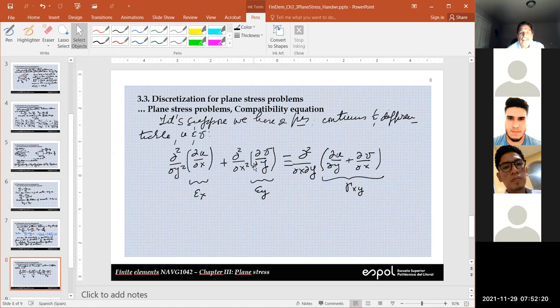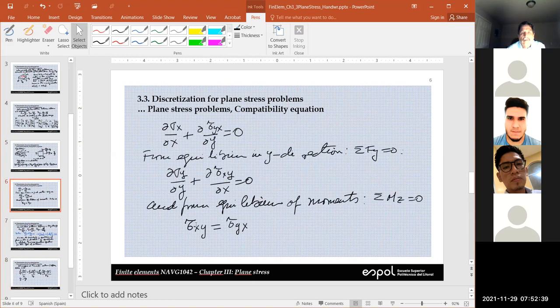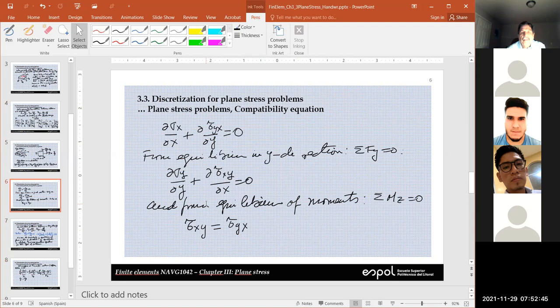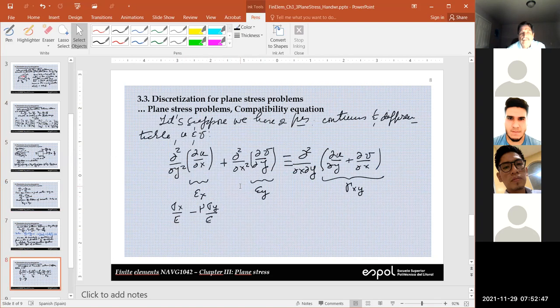So we can say that this is equal to sigma x over E minus nu sigma y over E. Right? That's Hooke's law here.